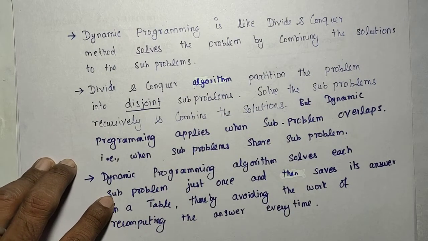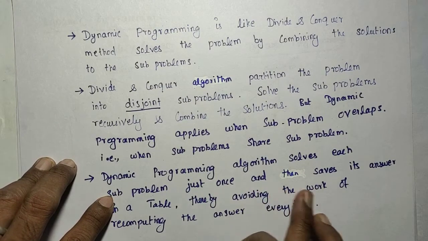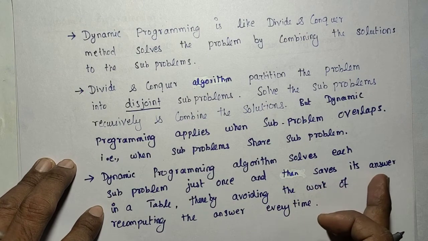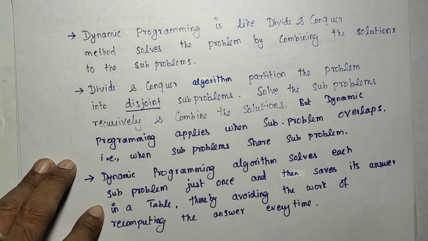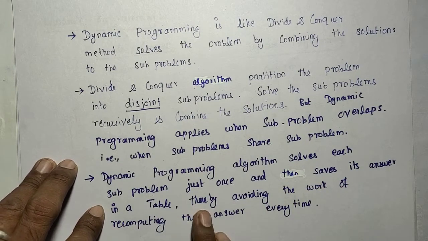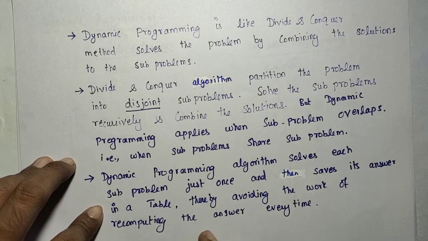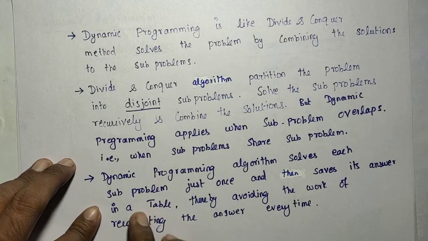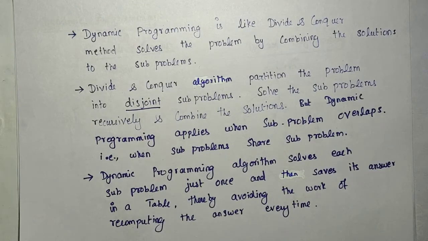Once the smaller size subproblems are solved, the answer will be stored in a table just once, thereby avoiding the work of recomputing the answer every time. Table means a memory. The memory will maintain those answers, so that for a larger size subproblem, if it needs that smaller size solution, it will take it from the table instead of doing it again. So that advantage is there.